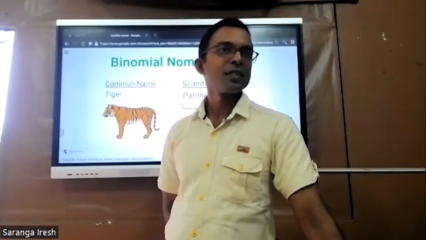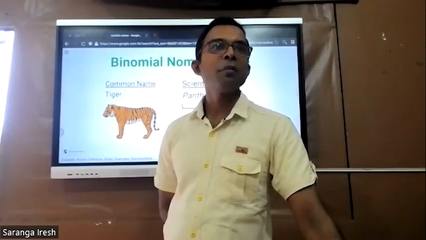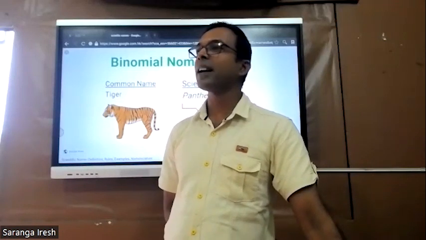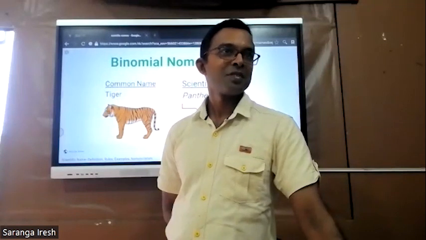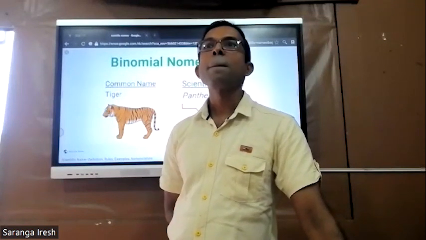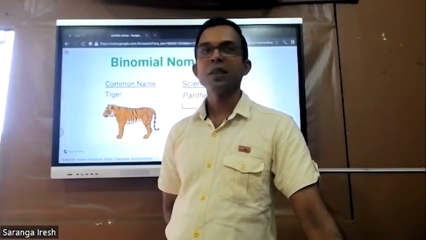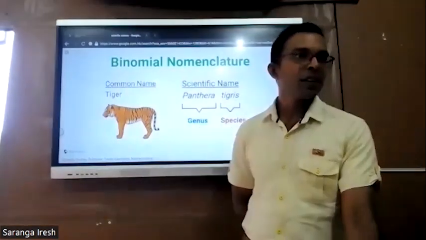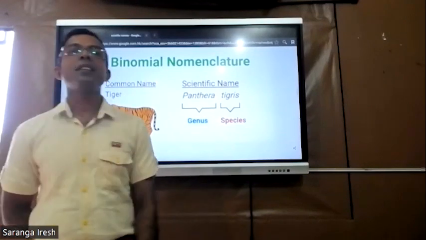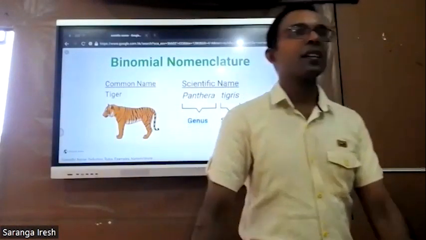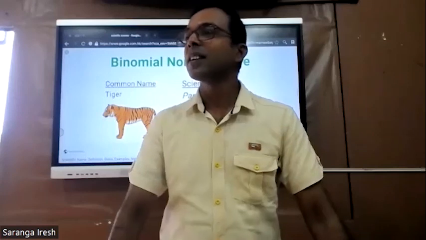That is correct. And I am asking, tell me another contribution of that scientist for this classification. Can't remember? Yes, he is the scientist who introduced that taxonomic classification system. The taxa, what are the taxa?